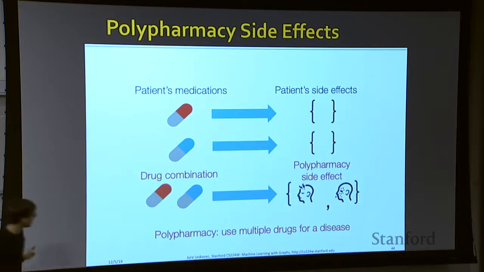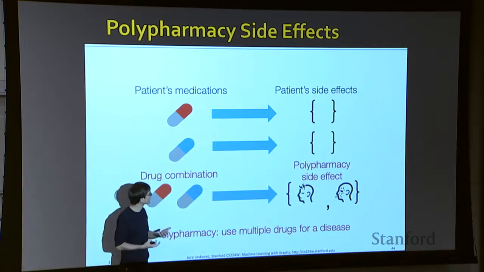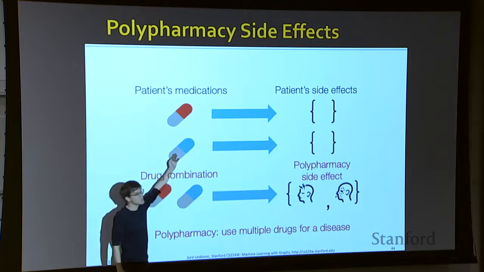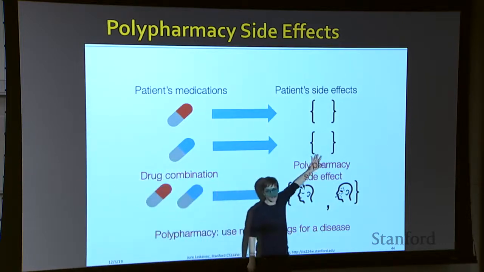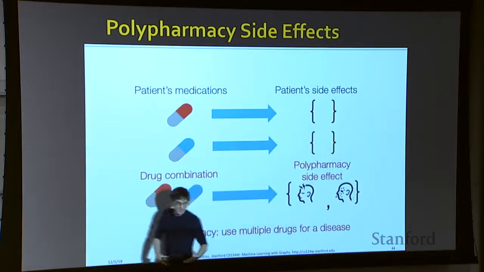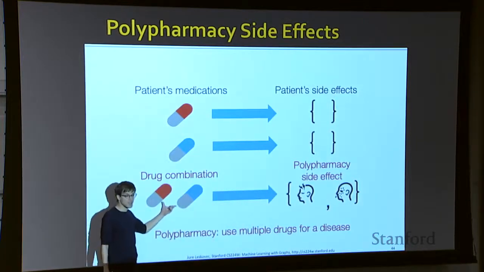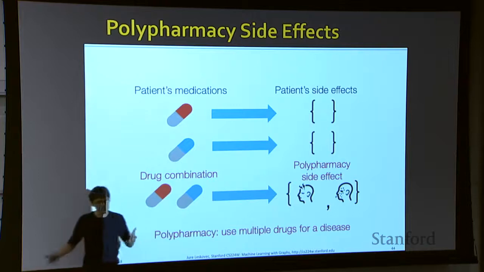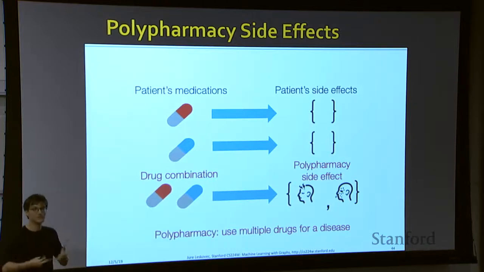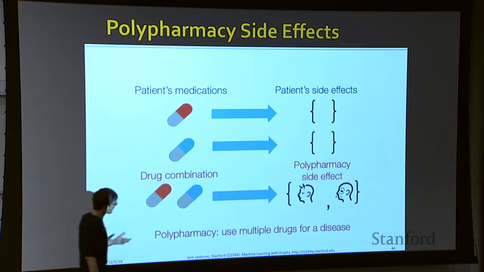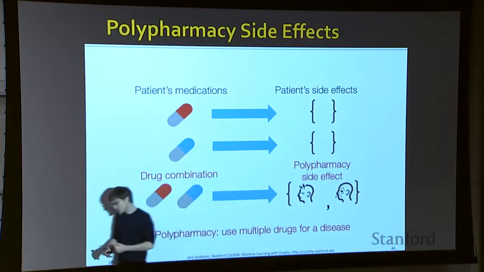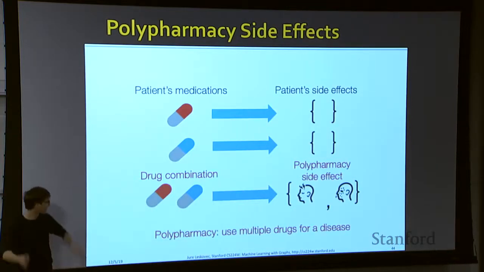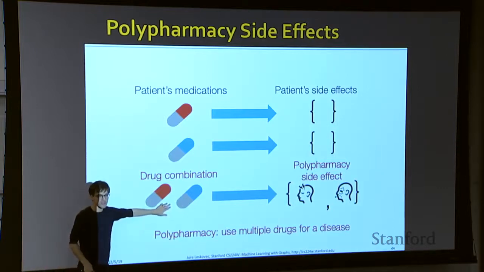And of course, the problem is that when you do drug trials, you do them this way. You take people, you put them on one drug, and you see what happens. There are just too many drugs to do a drug trial and say, let's try a pair, let's take a triple and see what happens. So the only way today we learn about these side effects is that doctors keep prescribing whatever they prescribe.